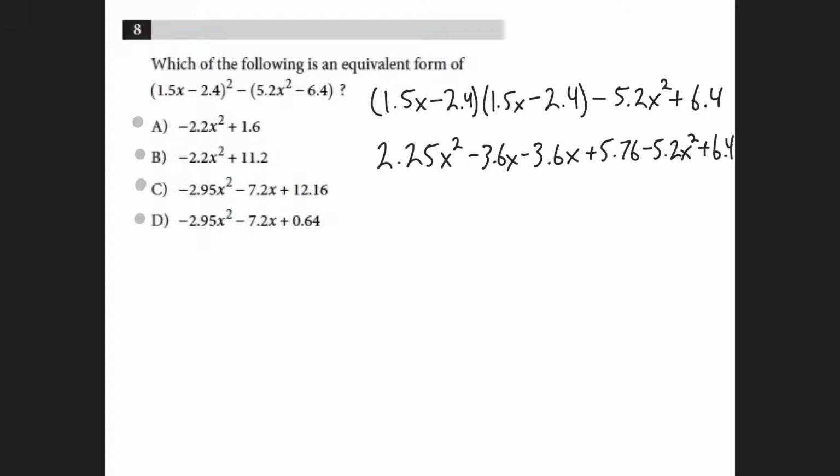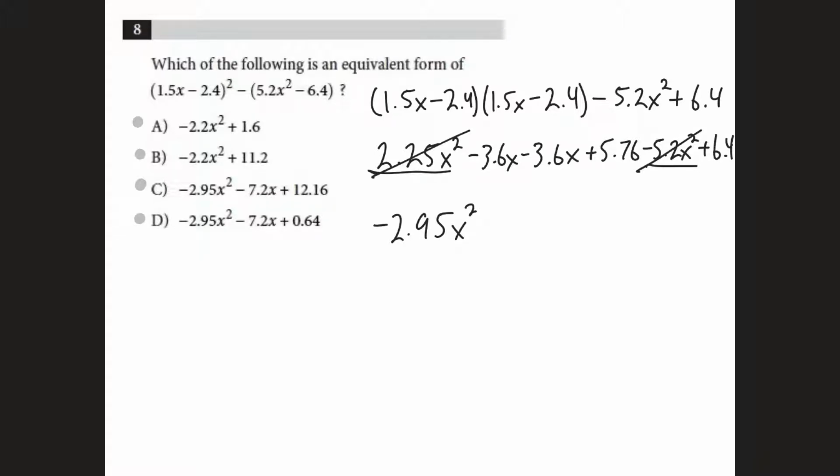Okay, so I'm just going to focus on my squared terms. 2.25 minus 5.2 is negative 2.95x squared.